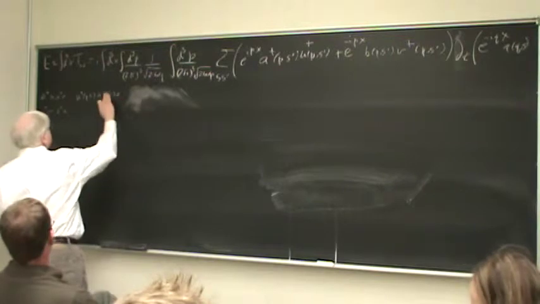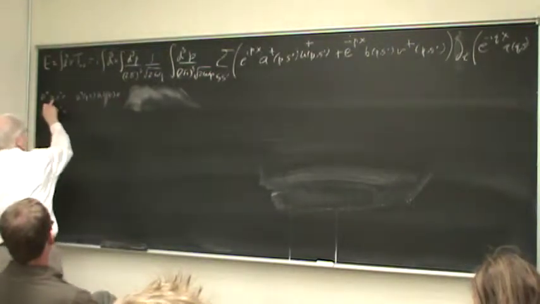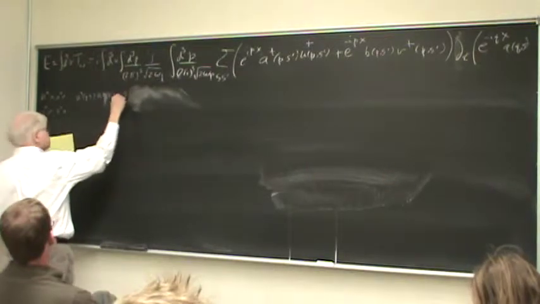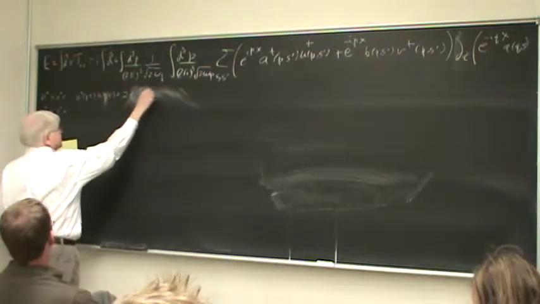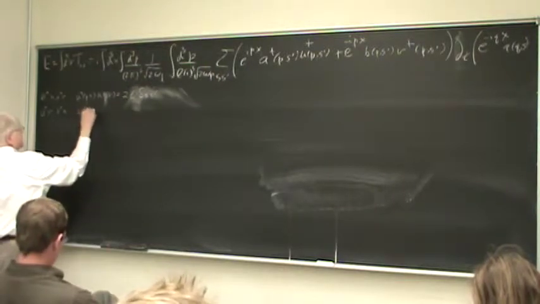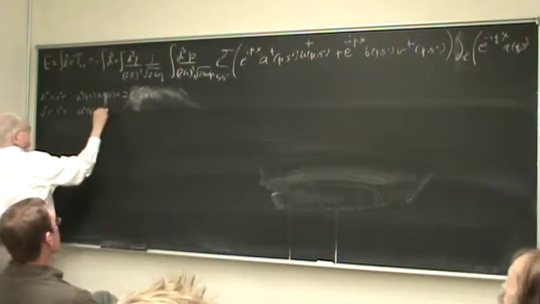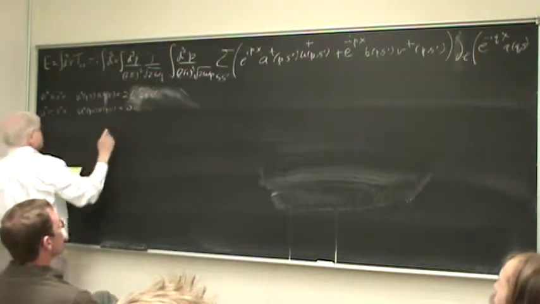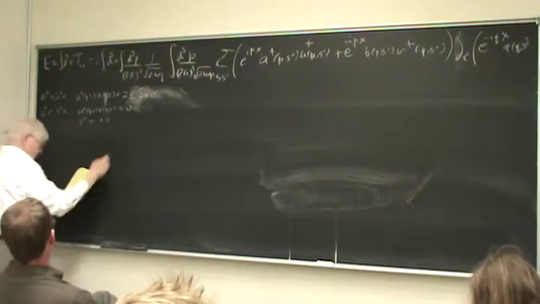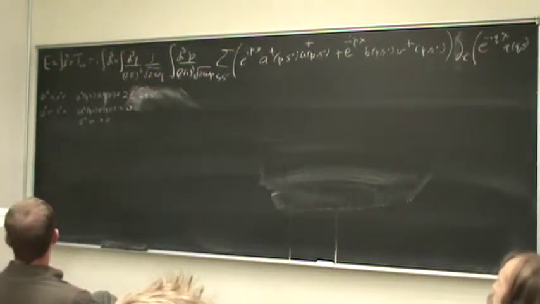The delta function forces q equal to p, so we have a 2E δ_ss'. And these ones give us u†(p,s) v(p,s'), and that's just 0. And the other one, v†u, is also 0. So there's a certain amount of simplicity that occurs here.